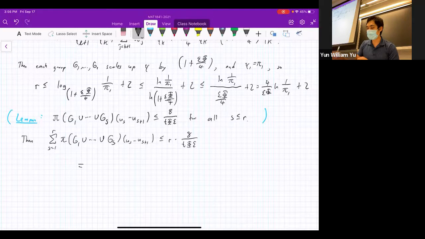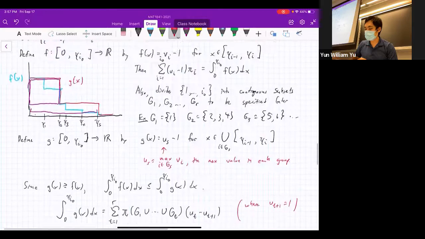All you have to do is write all of this out. It's going to be a little bit ugly, but you substitute in the values for r and t. So r here is 4 over epsilon phi times log of 1 over pi 1 plus 2. And what did we say that t was?